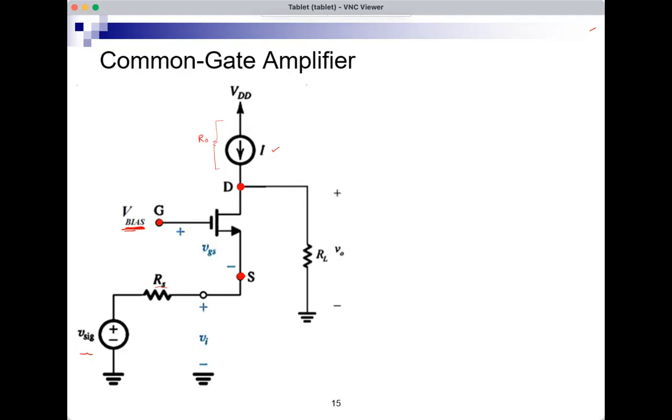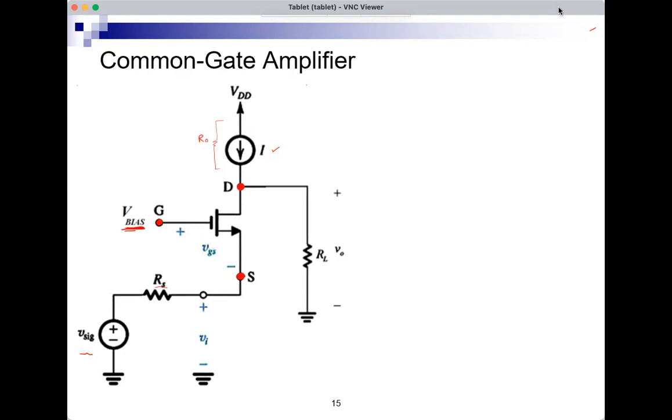So let's see what would the small signal model look like. We'll start at low frequency, and we'll start with the simplifying assumption that there is no small RO for the MOSFET. So at low frequency, I wouldn't worry about the capacitors, CGS, CGD, and CDB, and others.